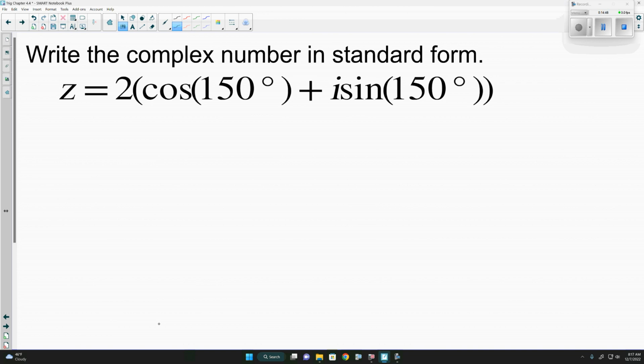And when I did it with the 2, really we were looking at 2 cosine of 150 degrees plus 2I sine of 150 degrees.